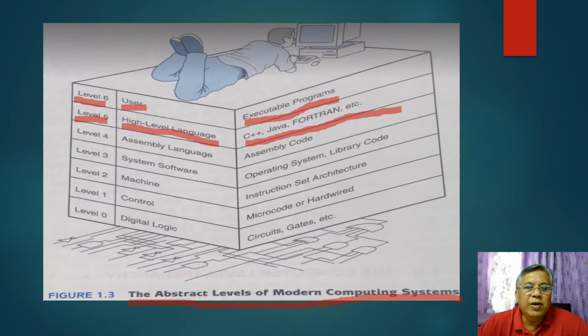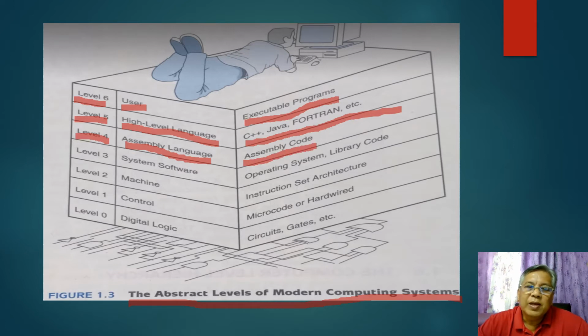Then we have level 4, which is assembly language. All of the high-level languages here are translated into assembly language, or low-level language, and it uses assembly code.